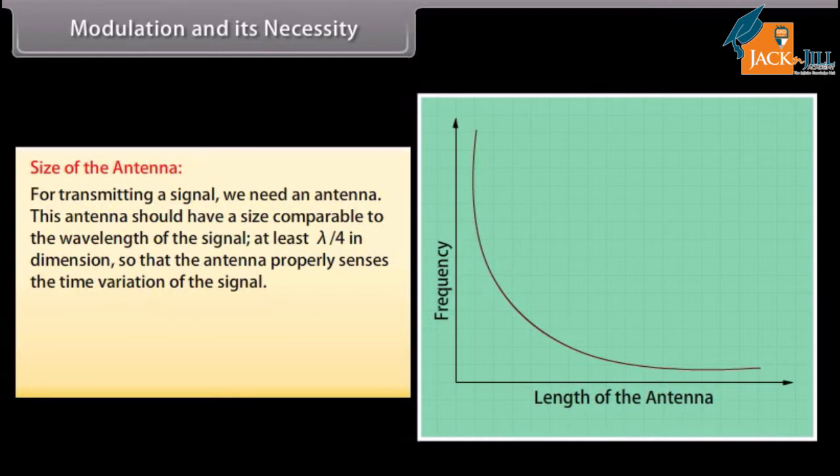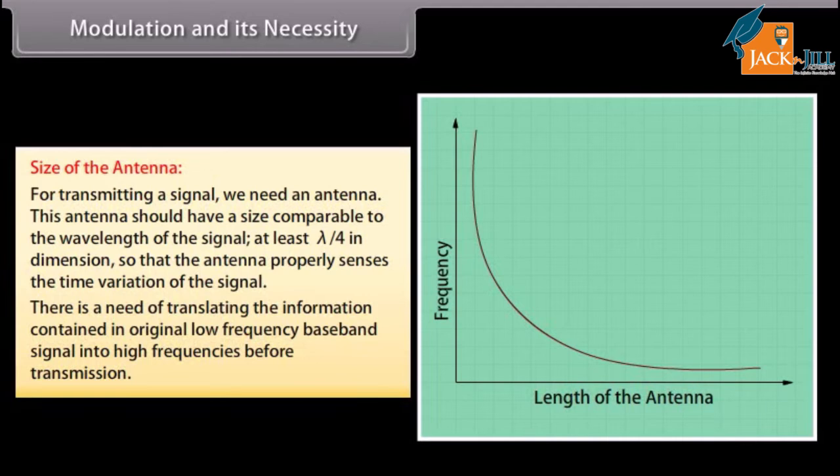For an EM wave of frequency 30 kHz, the wavelength lambda is 10 km. It is not possible to construct and operate such a long antenna. Therefore, there is a need of translating the information contained in the original low-frequency baseband signal into high frequencies before transmission.